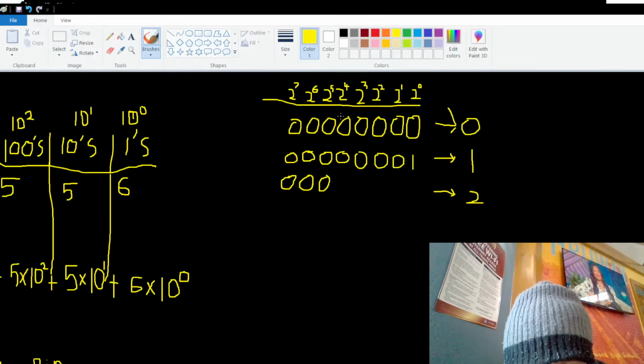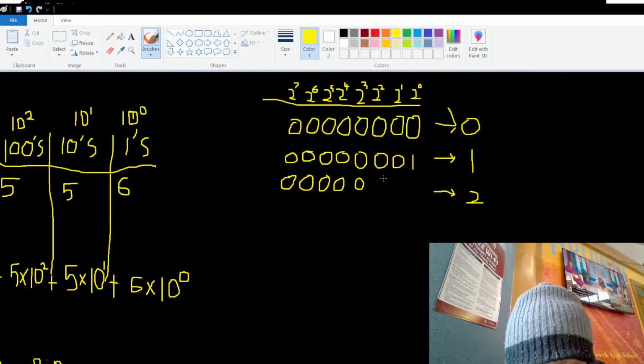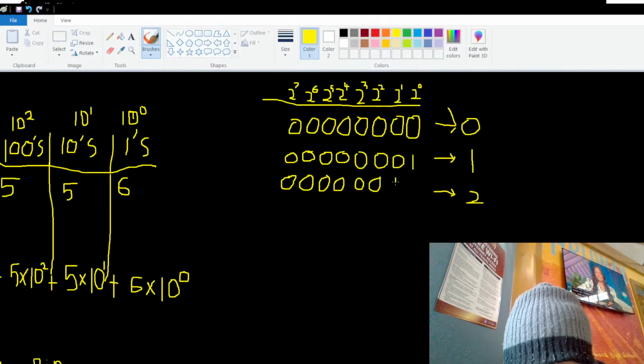2 to the 4th. What is 2 to the 4th? That's 16. Does 16 go into 2? No. 2 to the 3rd. Does 8 go into 2? No. Does 2 squared, or 4, go into 2? No. Does 2 go into 2? Yes.